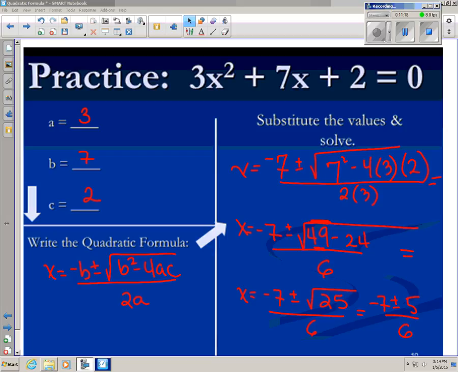And then I'm going to have to split them up in order to get my two roots, also known as my two zeros, also known as my two solutions.